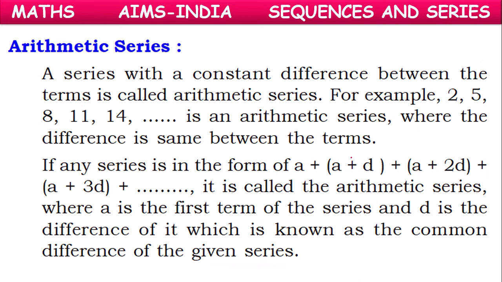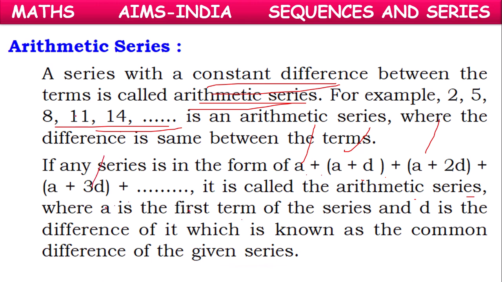So this series, because it has a constant difference, is an example of arithmetic series, and it will be in the form of A, A plus D, A plus 2D, A plus 3D, and so on.